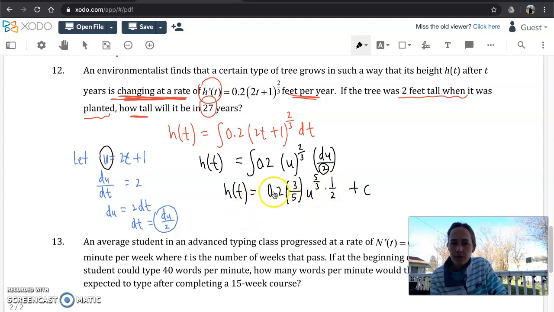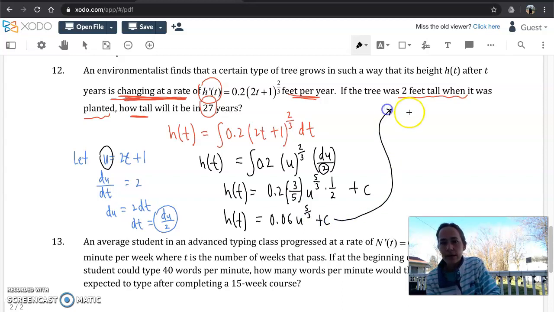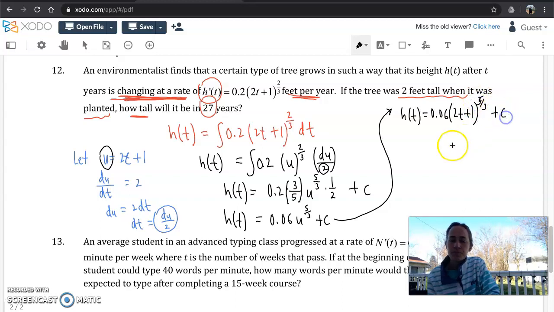So all said and done, you can use a calculator on this part. H of t, if you do 0.2 times 3/5 times 1/2, we can call that 0.06 u to the 5/3 plus c. And we can sub back in now. Make it h of t equals 0.06 instead of u, (2t plus 1) to the 5/3 plus c.